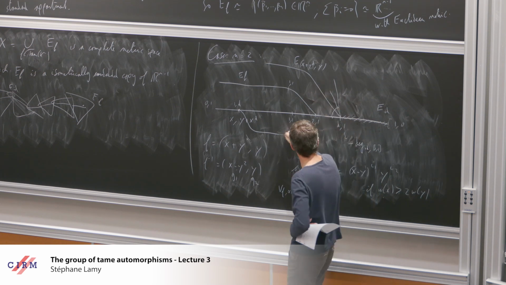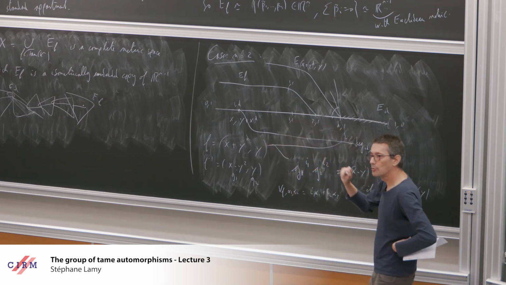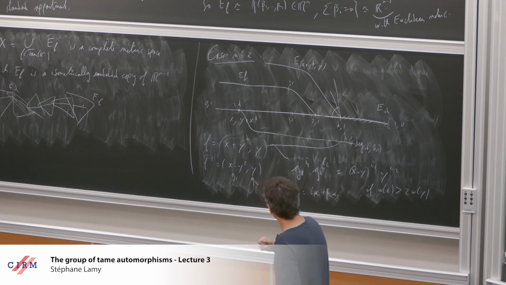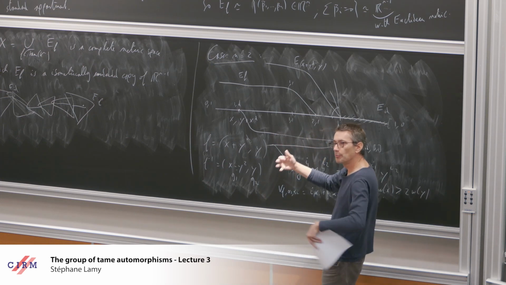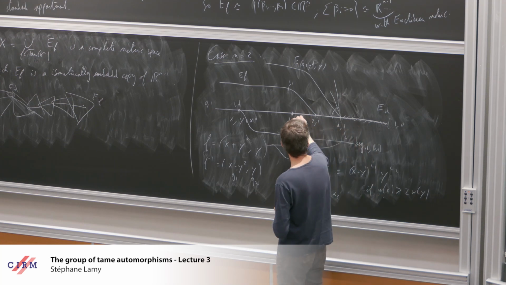You branch again, branch again. That's the picture you should have in mind. And to compute the distance, passing to the logarithm, it means that the distance from this point to this one is log of d.